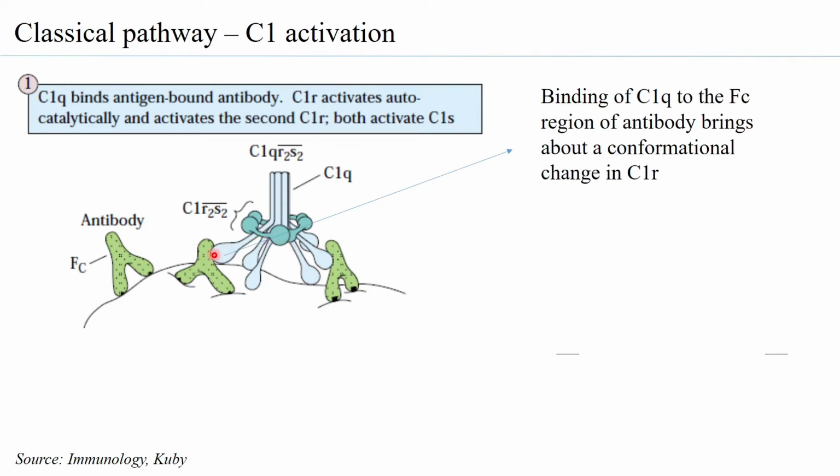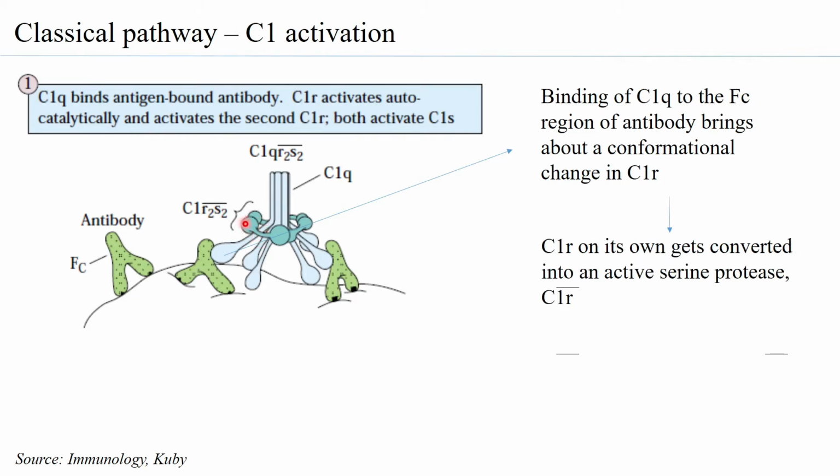Now the binding of the C1q with the Fc region of the antibody brings a change in the conformation here, and that change in the conformation is translated to a change in conformation on the C1R. And when there is a conformational change in the C1R, it becomes autocatalytic. That means just the change in conformation makes C1R act as a serine protease.